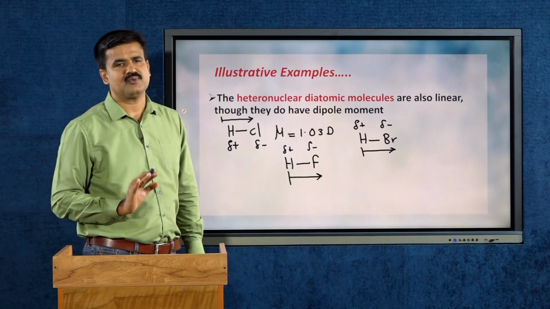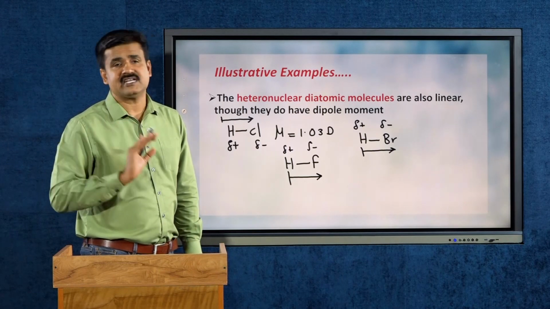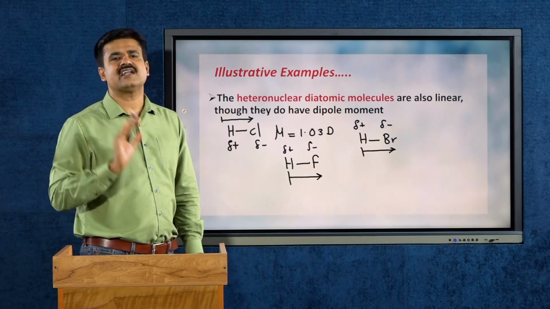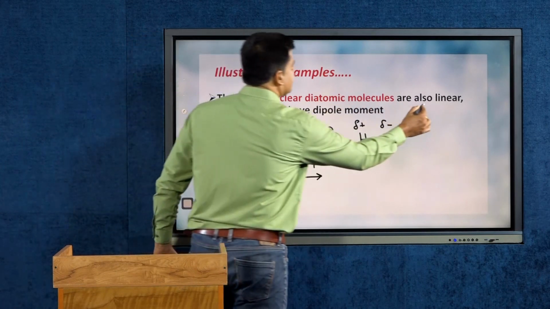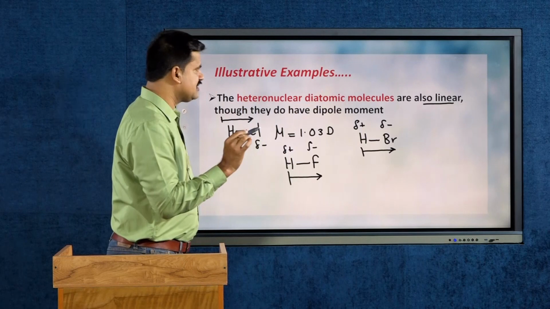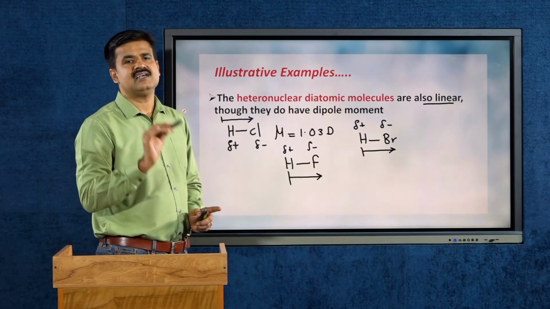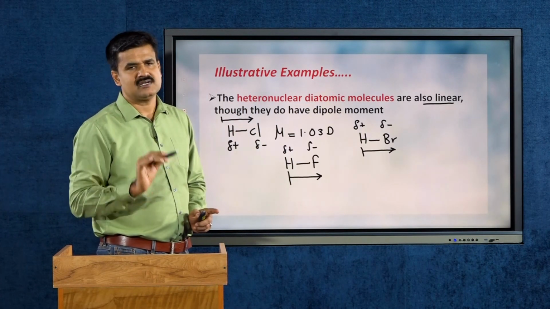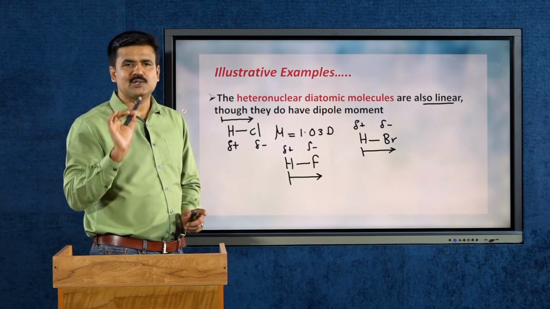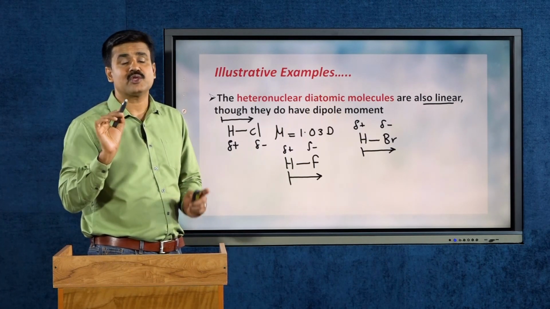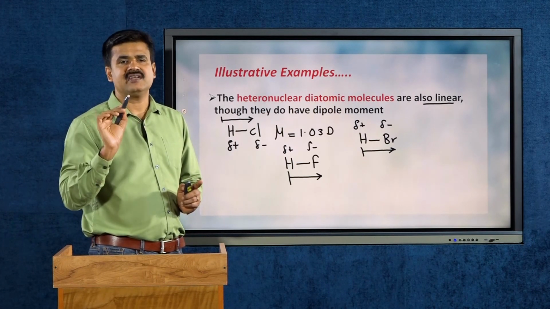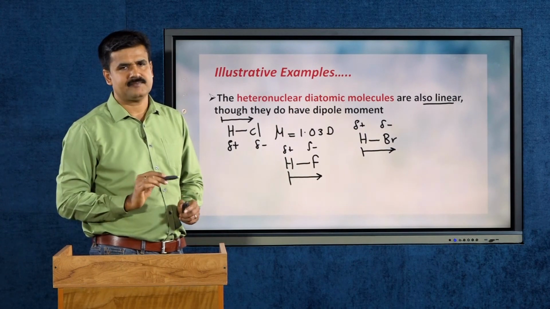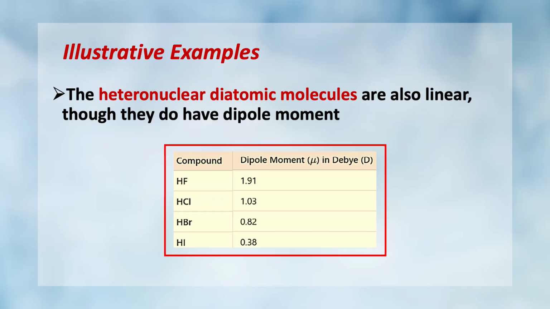So, from this point, it can be concluded that heteronuclear diatomic molecules are linear molecules, but they are associated with the resultant dipole moment. So, all heteronuclear diatomic molecules have resultant polarity and resultant dipole moment. These are the values of dipole moments of hydrogen halides.